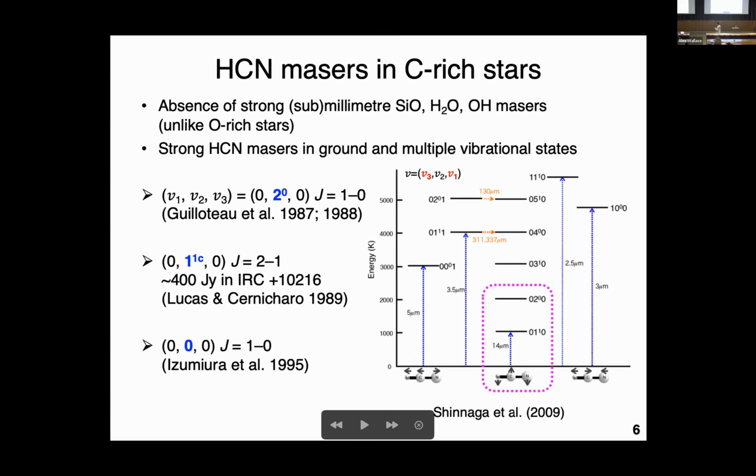Besides thermal emission, there are also many masers from HCN molecules in carbon-rich stars. The first discoveries are all around the v2 excited state, including v2 equals 1, v2 equals 2, and there's also a very peculiar ground state HCN maser in several sources.